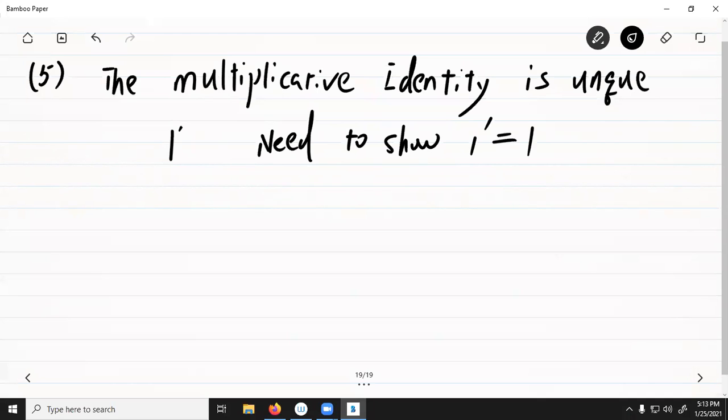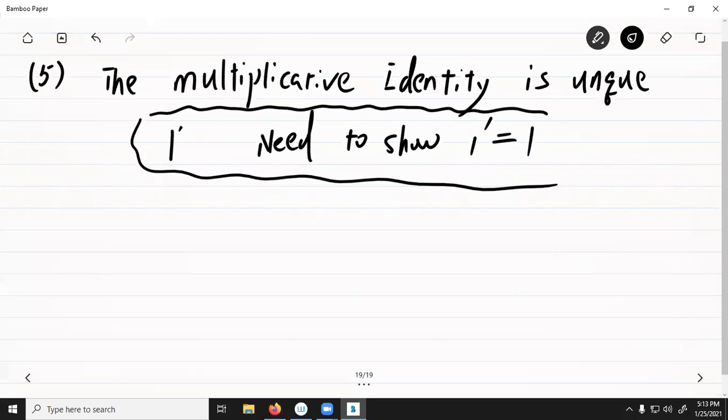This is the basic idea, like we did for the uniqueness of the additive identity. You use a similar way. The only difference is one is the addition, the other one is the multiplication. You can just change the addition to the multiplication. That's it.